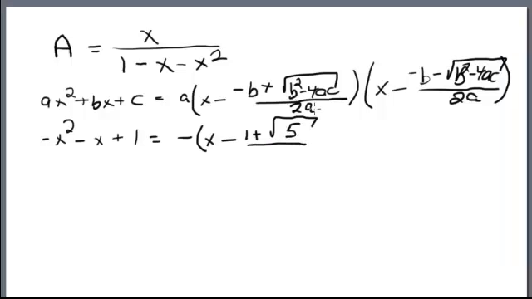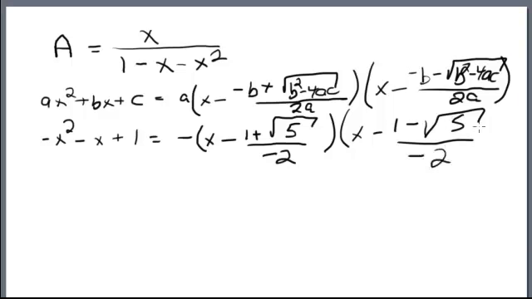Over here, this negative 1 is going to give us negative 2. Same thing here, x minus negative 1, negative is positive, minus the square root of 5, over negative 2.